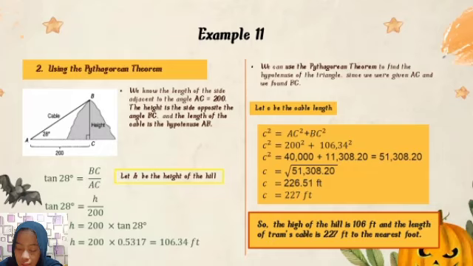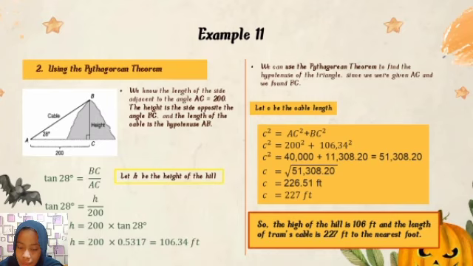Next, using the Pythagorean theorem, we know the length of the side adjacent to the angle, AC, equals 200. The height is the side opposite the angle, BC, and the length of the cable is the hypotenuse AB.